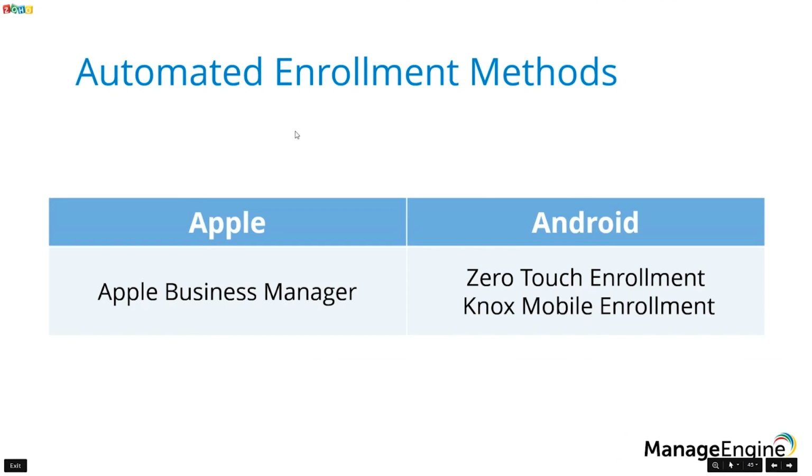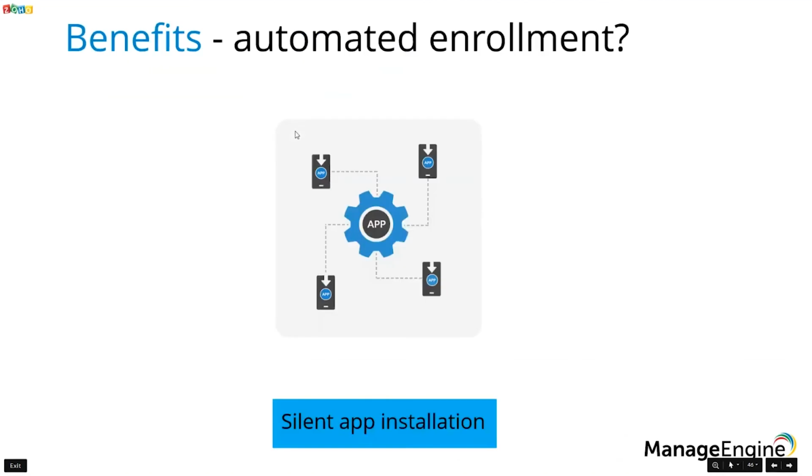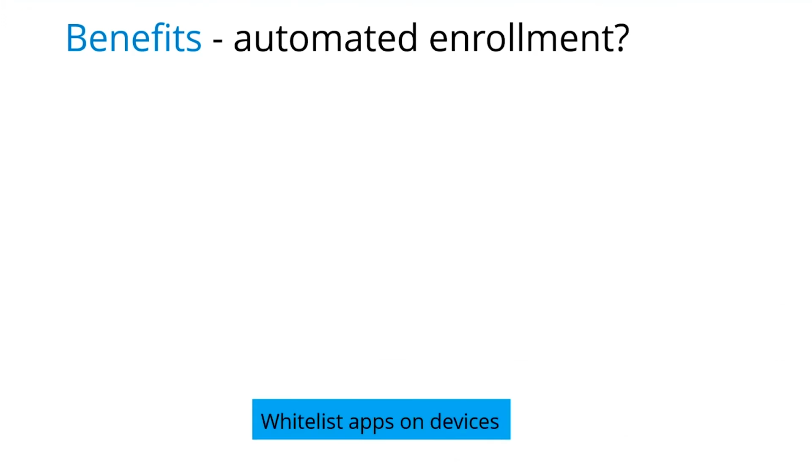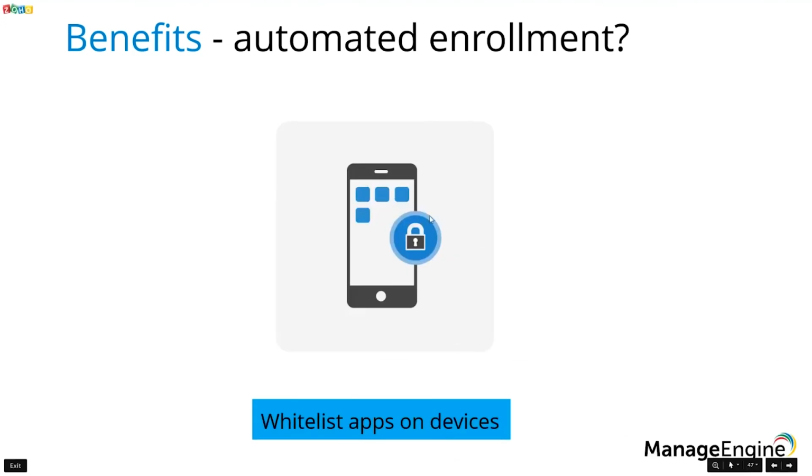Let me tell you the benefits of doing the enrollment through these automated ways. You will have an option to silently distribute the application on the devices without waiting for the users to complete the task or without notifying the users. You can silently deploy the application on the devices. And then you can also whitelist apps.